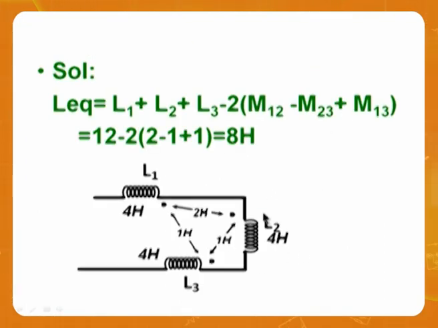Good. Now look at this. First add all the three. Then the question comes how to handle this. From here, entering, while this is leaving, this is entering. So for this 2H, it is opposite polarity.